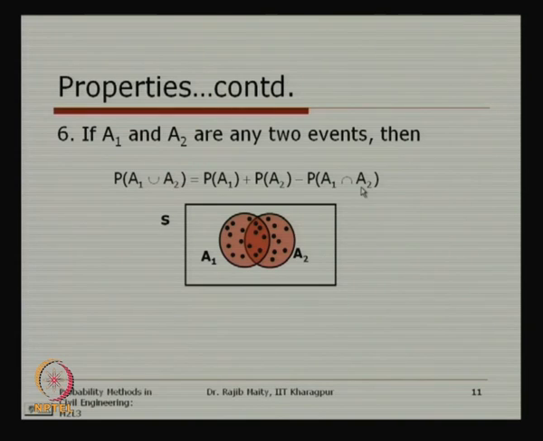This is important in the sense that if you compare this property with the third axiom of probability, here it is any two events. We are not putting the constraint of mutually exclusive events here. So A1 and A2 need not be mutually exclusive. If these are any two events, then this is the expression that holds.